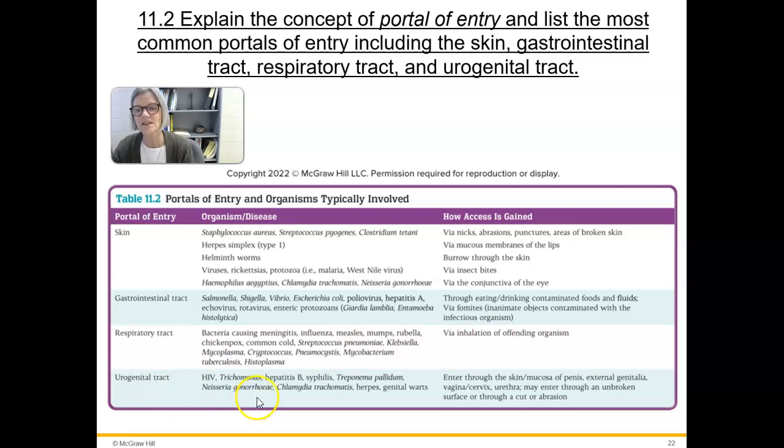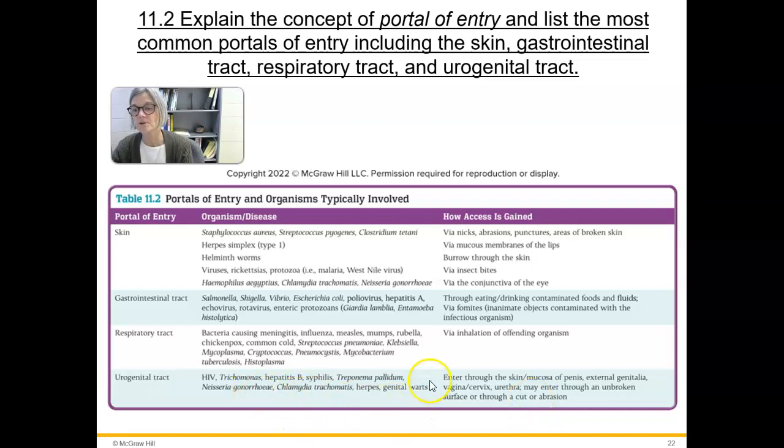Urogenital tract, you can probably think of some pathogens that use that as a portal of entry. Any sexually transmitted disease like HIV, gonorrhea, chlamydia, herpes, genital warts, lots of different sexually transmitted diseases. And so it says can enter through skin, mucosa of penis, external genitalia, etc. And may go through an unbroken surface, just through the mucous membranes or through a cut or abrasion.